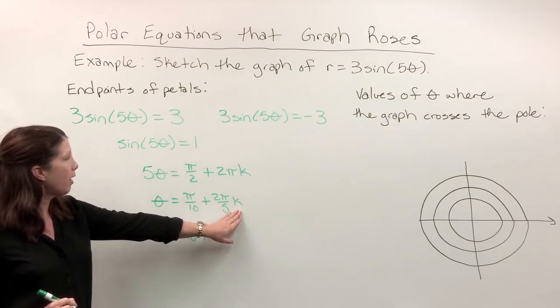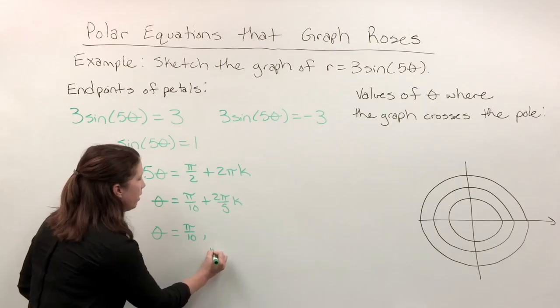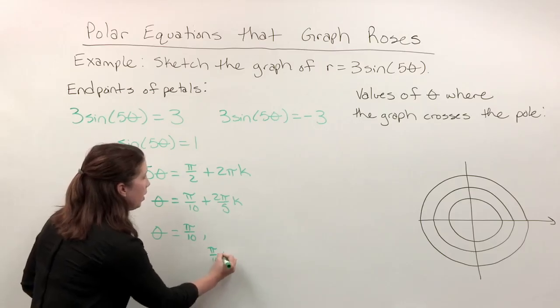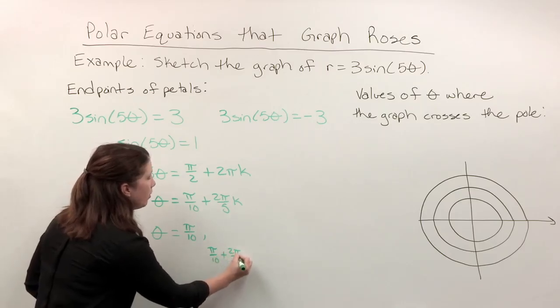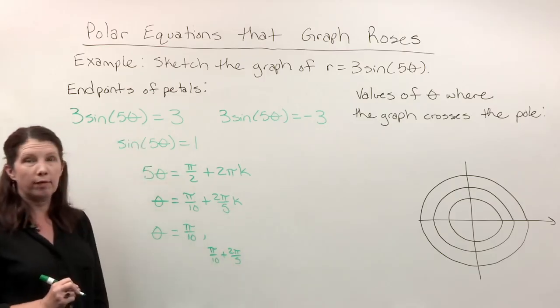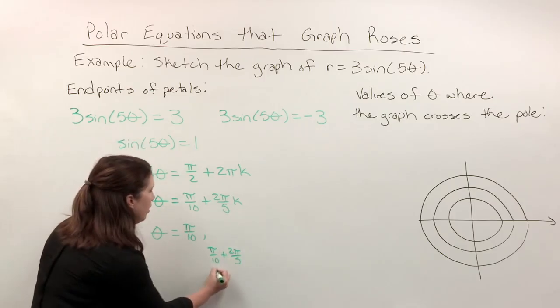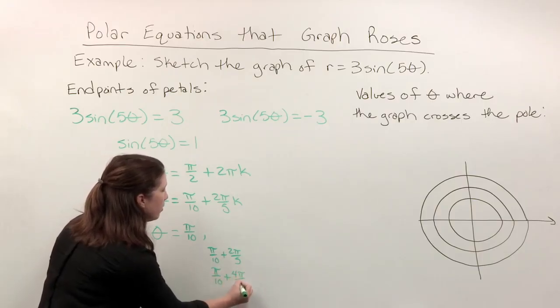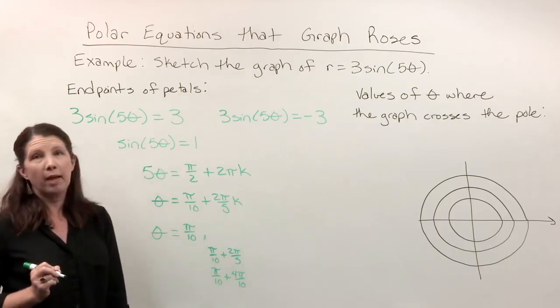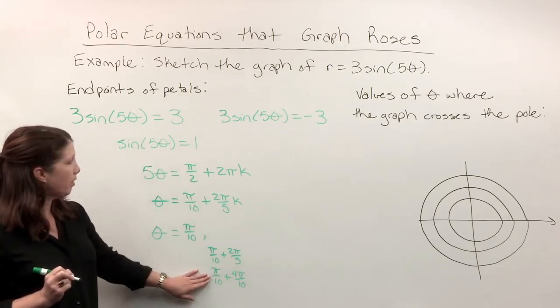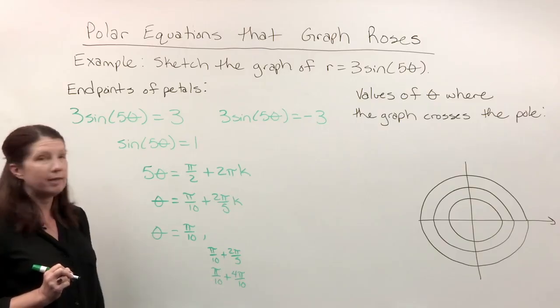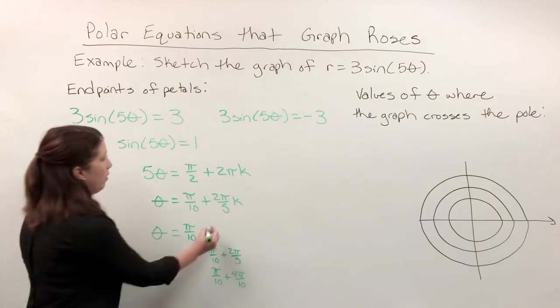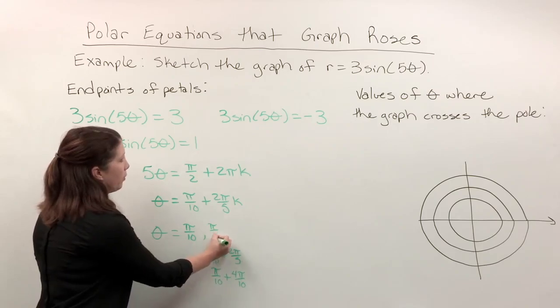Substituting in 1, I would have pi over 10 plus 2 pi over 5 times 1, so just 2 pi over 5. Rewriting this as 4 pi over 10, I get that theta is equal to 5 pi over 10, which reduces to pi over 2.